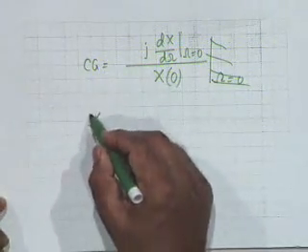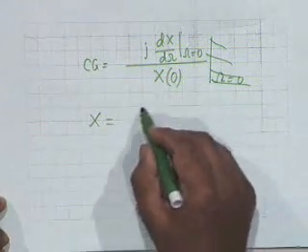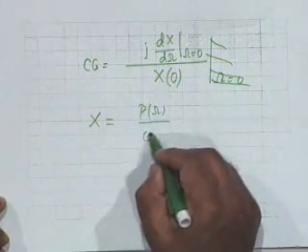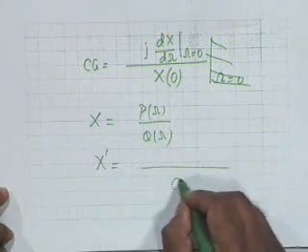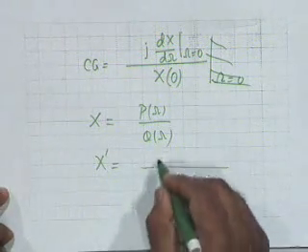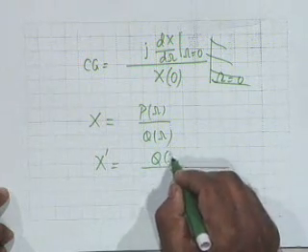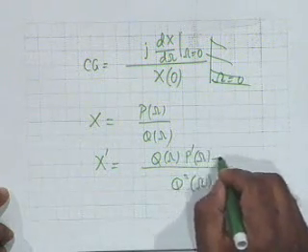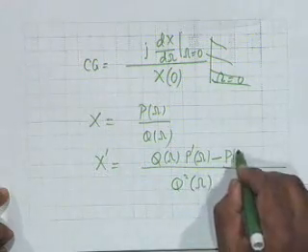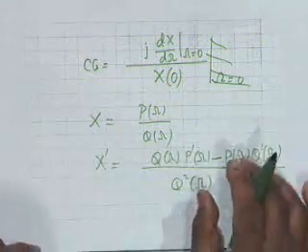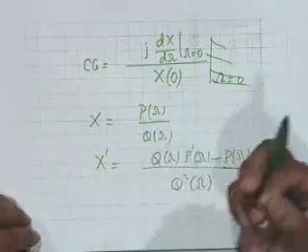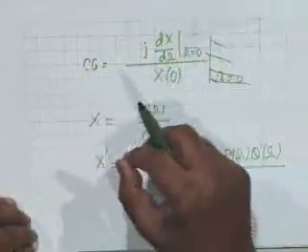You see, capital X is given as P of omega over Q of omega, and you know what is X prime, it is Q squared omega, Q omega P prime omega minus P omega Q prime omega, and instead of simplifying and wasting time, you put omega equal to 0 directly, then many things simplify, and this comes as minus j.